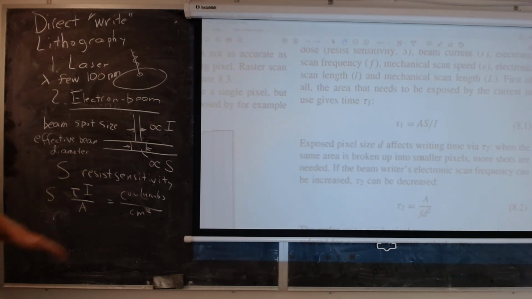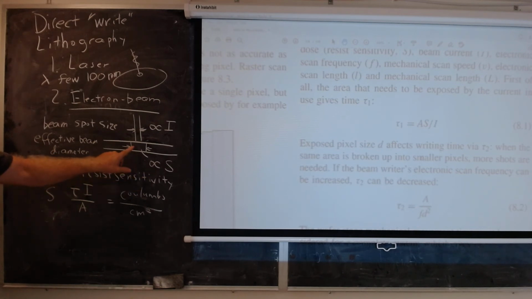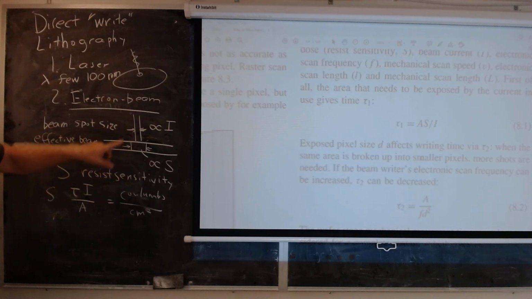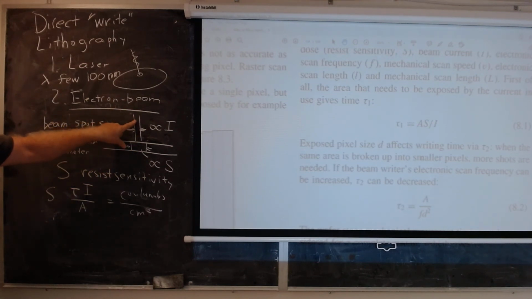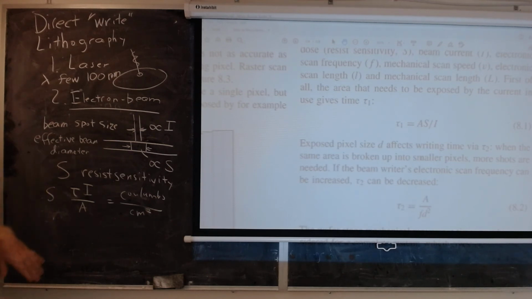And the reason why that's the case is, okay, so let's back up a little bit. This electron beam coming down are very high energy electrons. I don't know the exact conversion from 50 electron volts to the velocity, but they're high energy. In order to expose the resist, those electrons have to slow down.